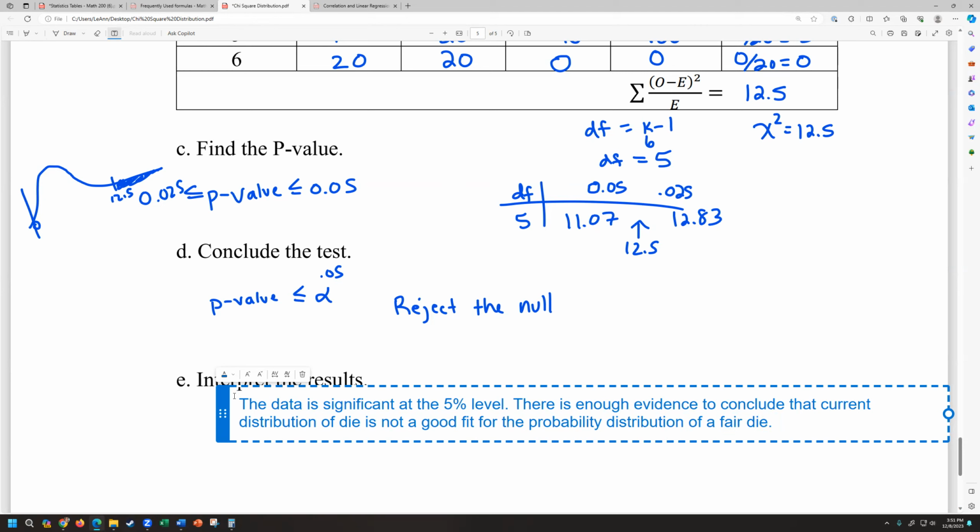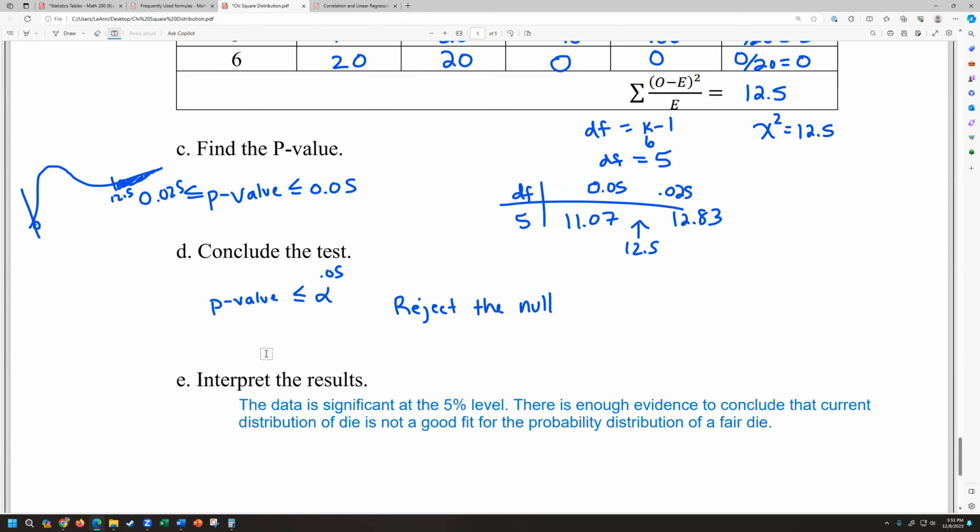So we're pretty much saying there's enough evidence to say that this die is probably unfair. There's maybe some weighting going on, something to make it not fit the probability distribution of what a fair die should be. All right, that is the end for the chi-squared video.